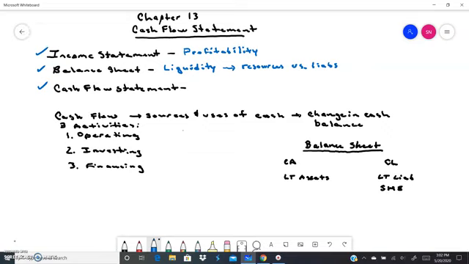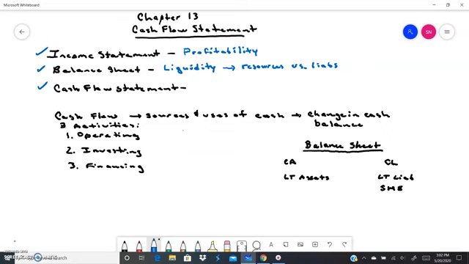So again, profitability is completely different than liquidity. Now, obviously, you need to have profitability over the long run to have liquidity, but just because you have profitability doesn't necessarily mean that you have liquidity.